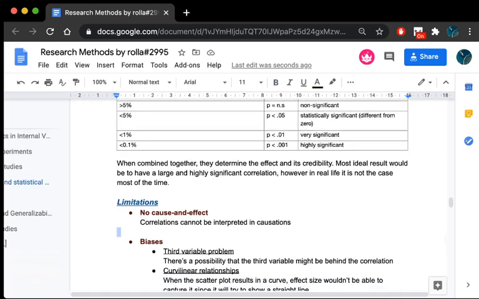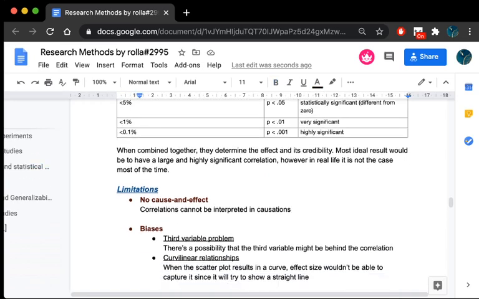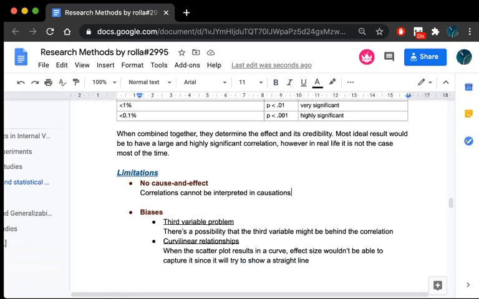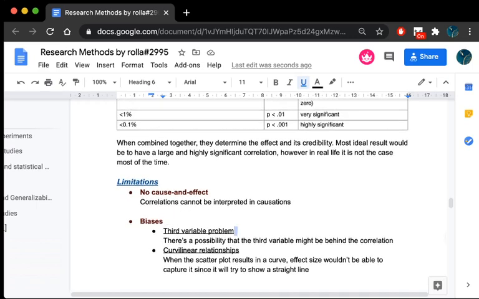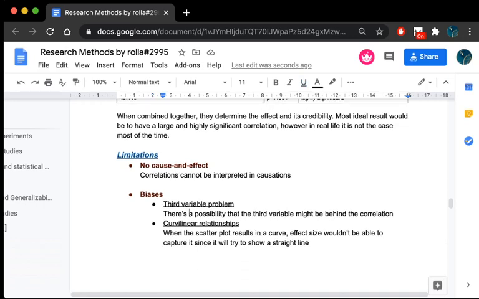It's usually better to have a significant high correlation instead of, actually no, that's subjective, never mind. But the thing with a highly significant correlation is that you can establish a safer conclusion than with a low significance, high correlation result.